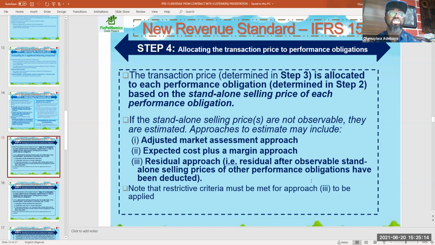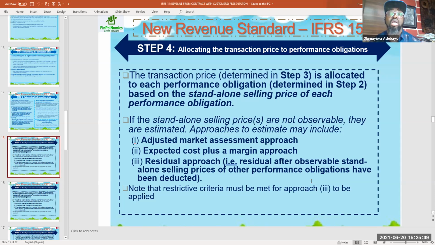You look at what is the price of a similar phone, subject to difference in the customization, if any. And likewise, what is the average price that will have been paid for such access to call line, even by competitors, if there is no issue of phone attached to it. Okay, we'll use that as a basis, or as a ratio, to allocate the transaction price to the performance obligations.